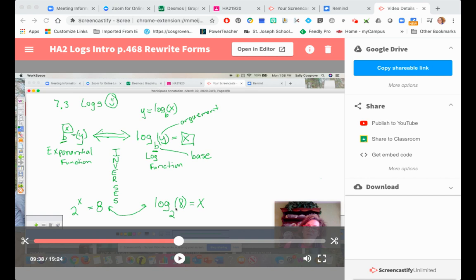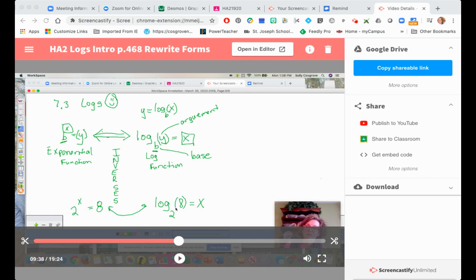So let's do another one. Alrighty? I'm going to go to the next page. And let's do example 3b. And what are we still doing? We're evaluating the log. And how are we doing it? By using what we know, because we don't know much about logs yet.